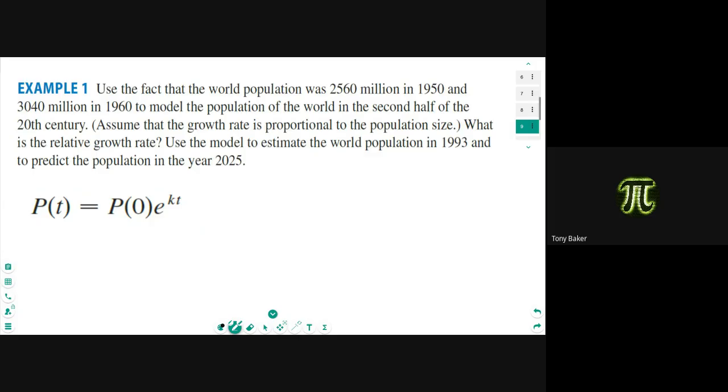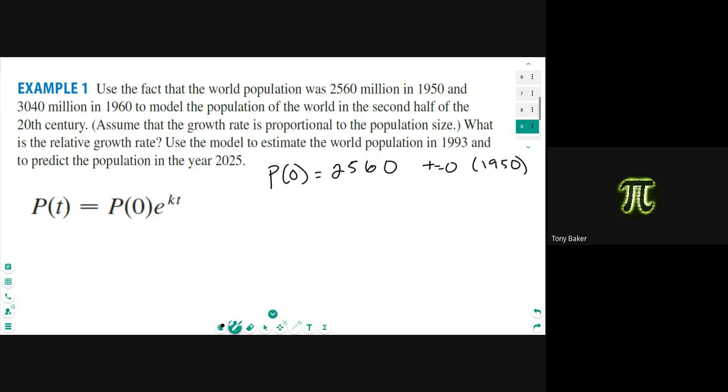First thing, what's P of 0? It's 2,560. That's the starting point. We're going to assume 1950 is 0.